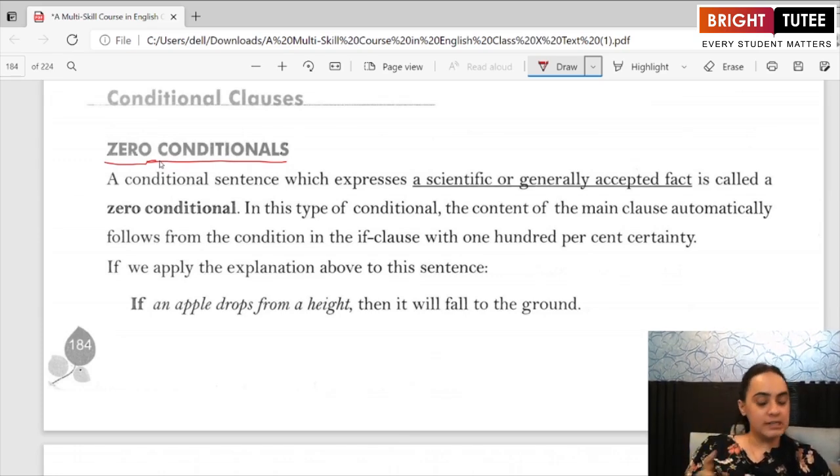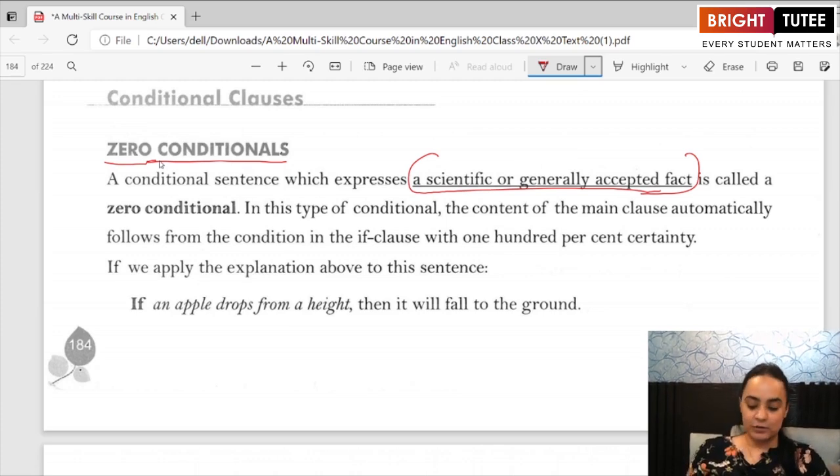A zero conditional is a conditional sentence which expresses a specific or generally accepted fact. Those facts which are scientific in nature, those facts which are generally accepted, are known as zero conditionals.